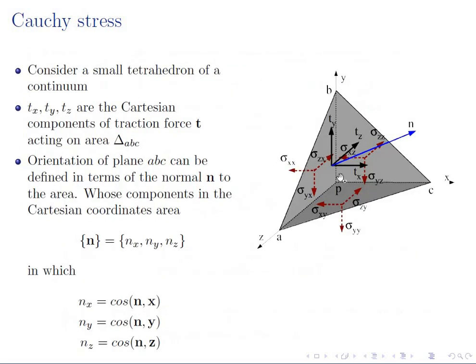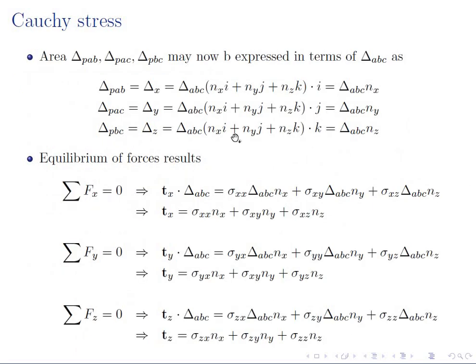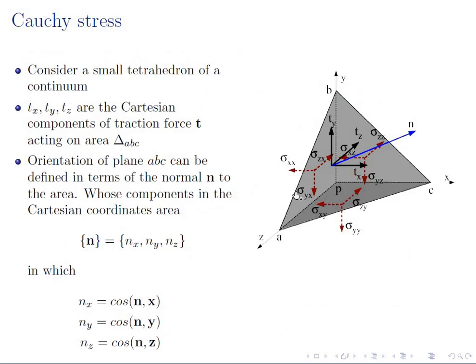Let's first of all find out the values of the areas APB, CPB, and APC. I can readily see that let's call this area APB delta x, because the normal of this area is pointing in the x direction.